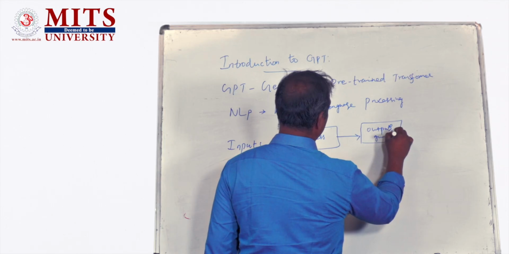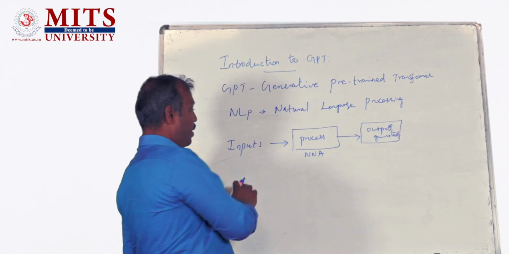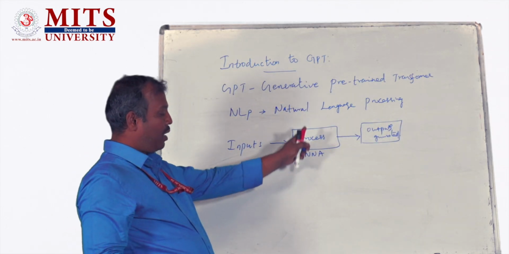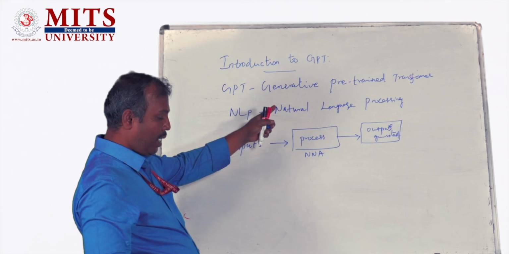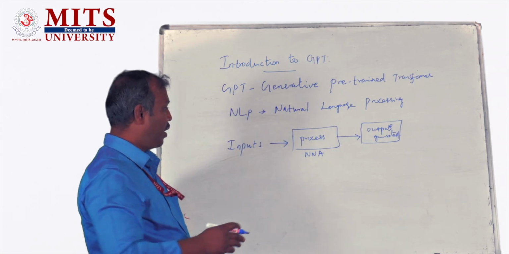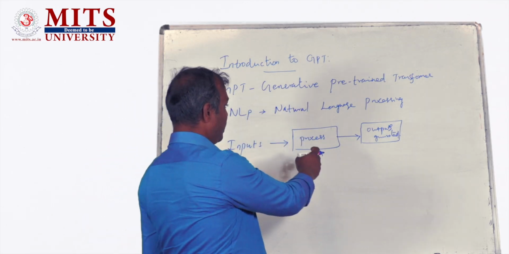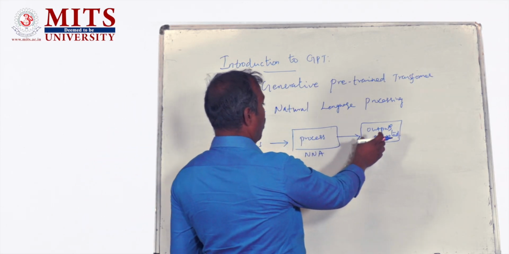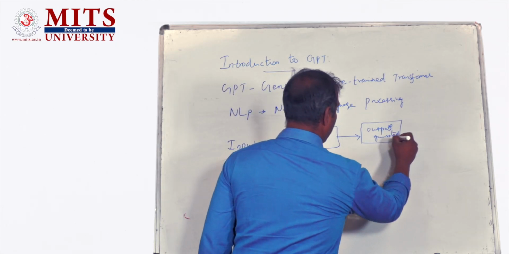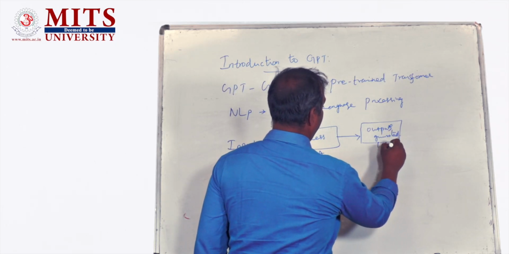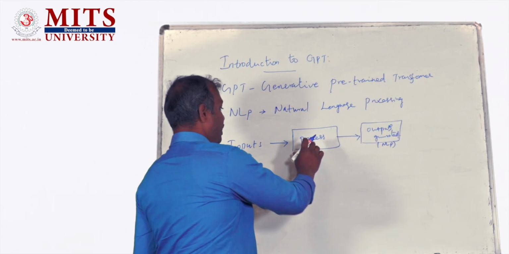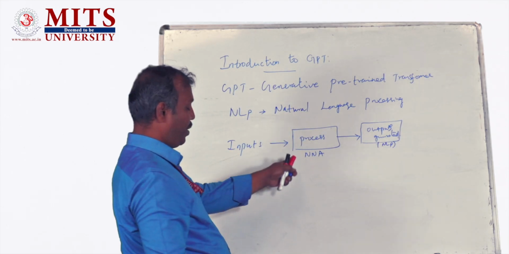Inputs are given to the neural network architecture, which analyzes the large data set and generates output that is understandable as human, in NLP format. So this is the requirement of GPT tools.